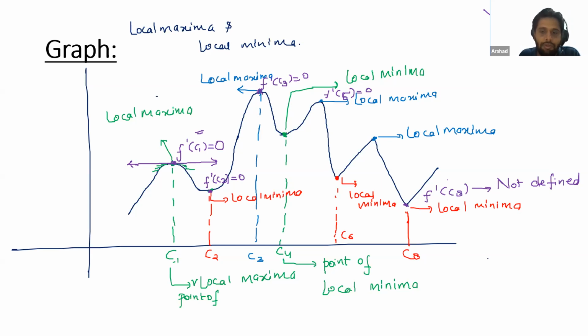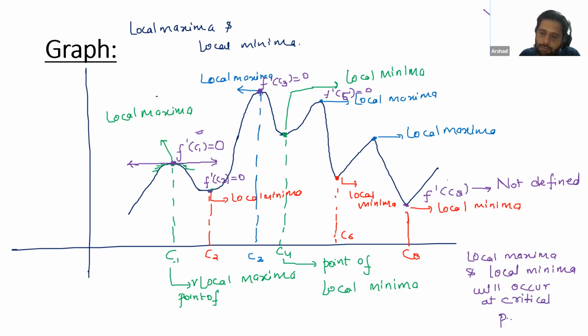So I will write here: local maxima and local minima will occur at critical points. I hope this is clear to everyone, why it occurs at critical points, because we understood this from the graph.